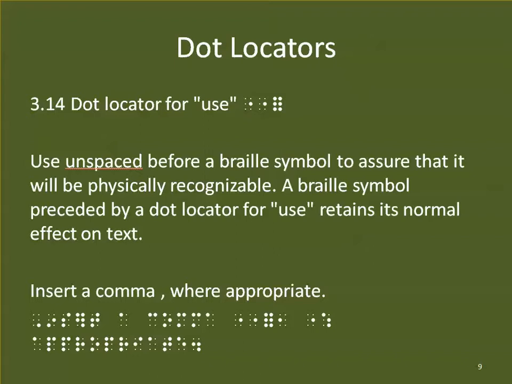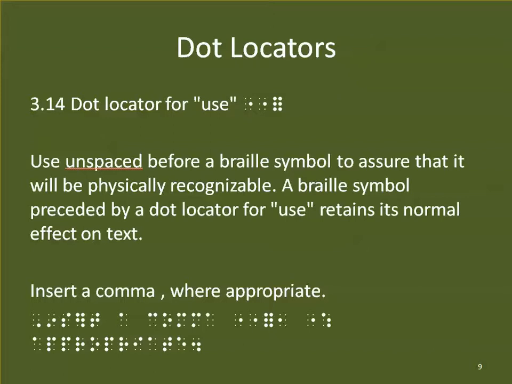So one example where we would use the dot locator for use would be if in a sentence, say we have punctuation all by itself, not a question mark. We've already talked about that, but some other kind of punctuation mark, such as a study on commas. Insert a comma where appropriate, and we actually have the symbol of the comma there. All by itself, it would just be a dot 2, and it would be difficult, if not impossible, to identify which dot that actually is, because it's just hanging out there in space with a space on either side of it.